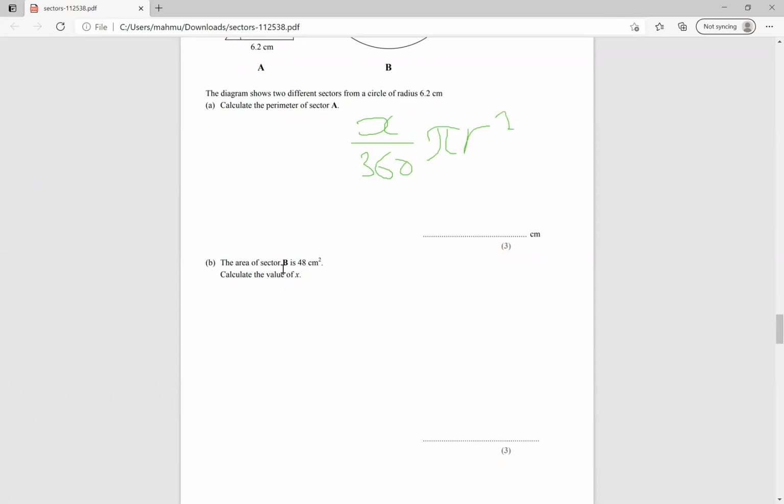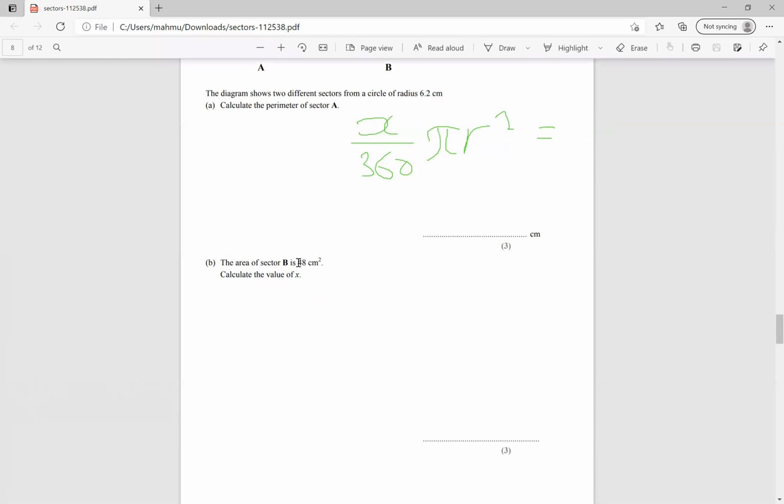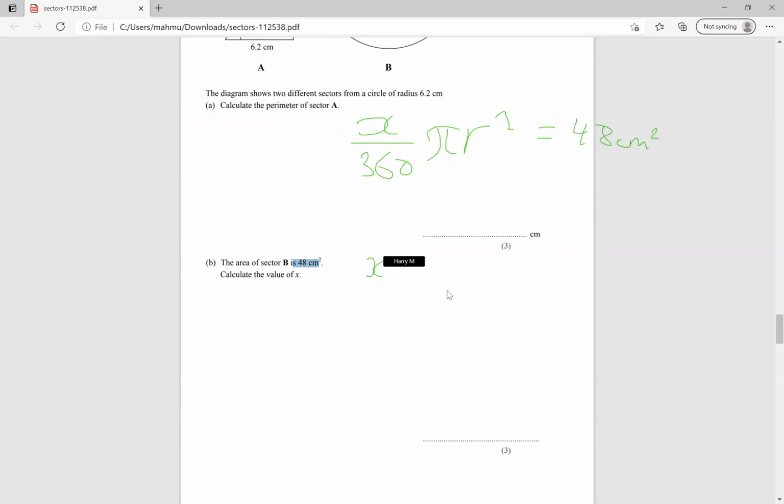Pi r squared. And what should that equal? You're looking for X, so what's the size of this whole area? That should equal 48. Yeah. So now you rearrange it step by step and you find the angle X. Make X the subject, but rearrange it slowly. Don't jump.